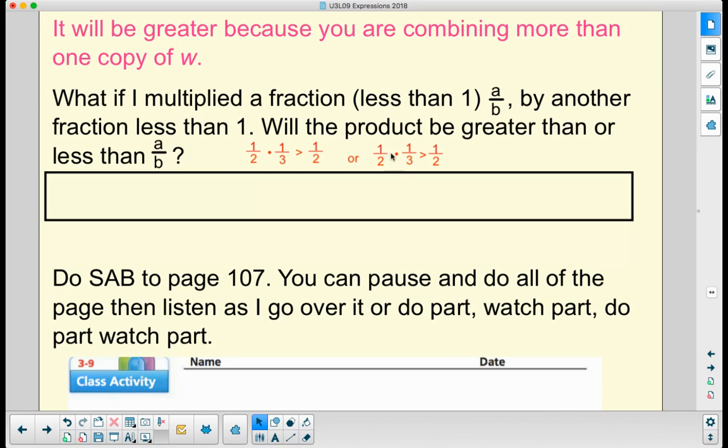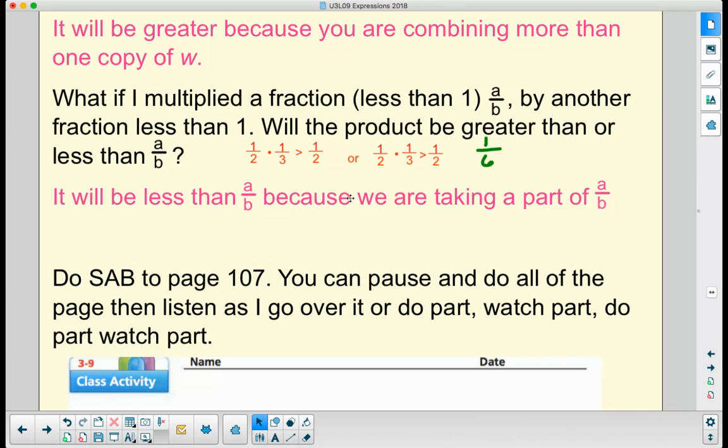Well, 1/2 multiplied by 1/3 would give me 1 multiplied by 1 is 1/6. So it is less than, isn't it? So it will be less than A/B because we are taking part of A/B. 1/2 multiplied by 1/3. I'm taking a third of the half. I'm taking less than one whole group of the half. So I have to have less than half.